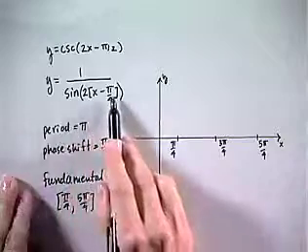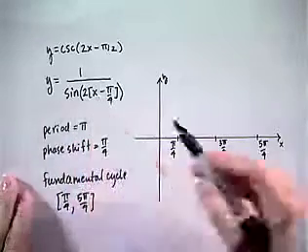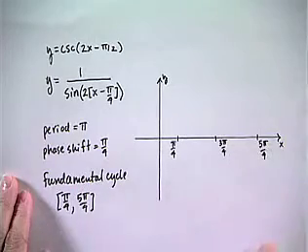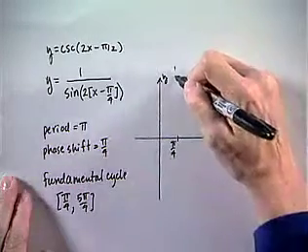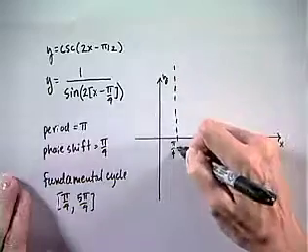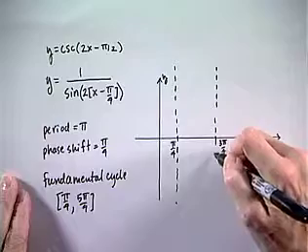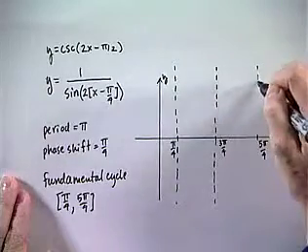Now, if I were going to draw the sine, I would draw a familiar sine wave. Now, I'm not going to draw the sine, but I want to use those values as vertical asymptotes for this cosecant. So here are the vertical asymptotes for the cosecant.